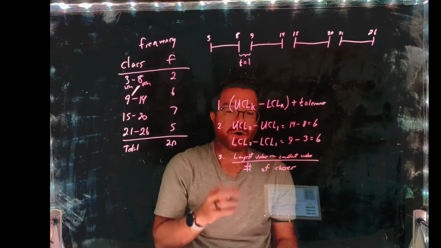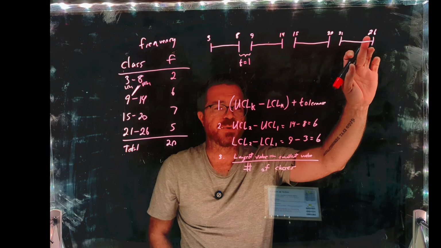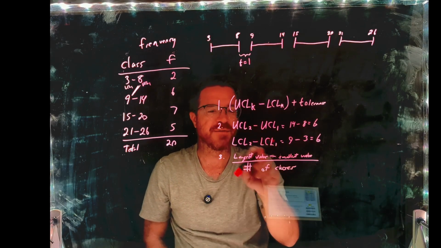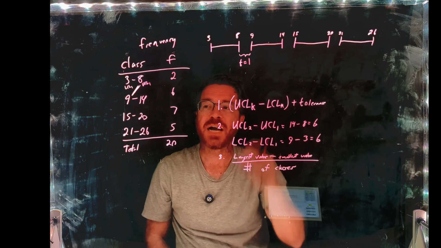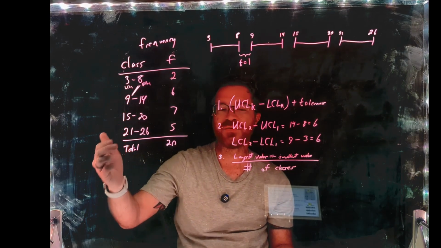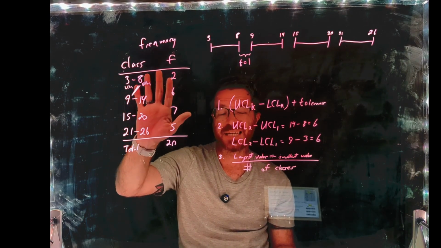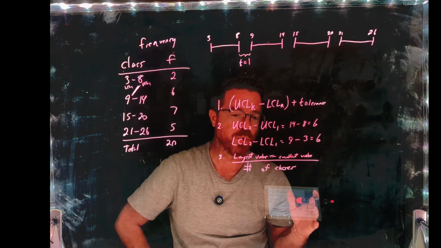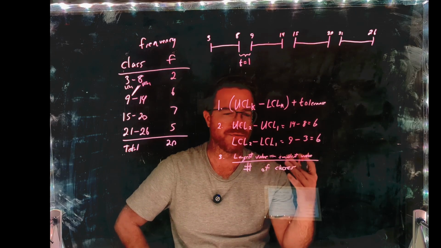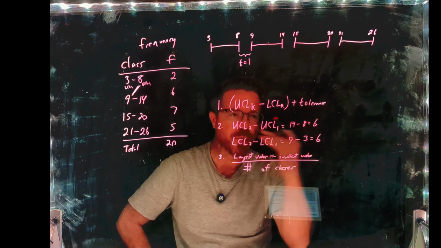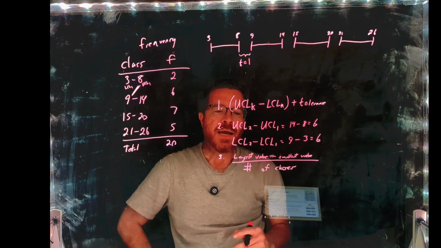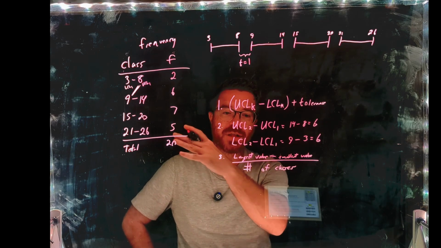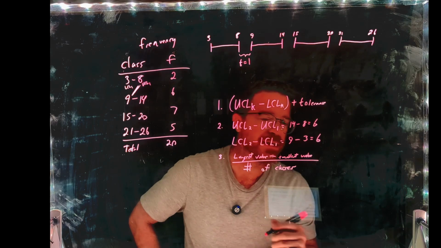In this case, our largest value would be 26 probably, minus our smallest value, which would be 3, which gives us 23 at the top. Divide by how many classes you have, 1, 2, 3, 4. If you had the data, you would determine how many classes you want. For this class, we're going to tell you. For example, when you're doing your homework, it might say you have 6 classes. And this will allow you to get your class width from your raw data.